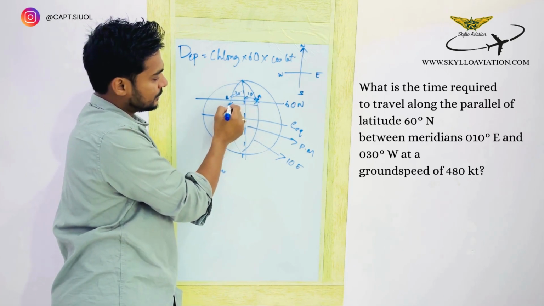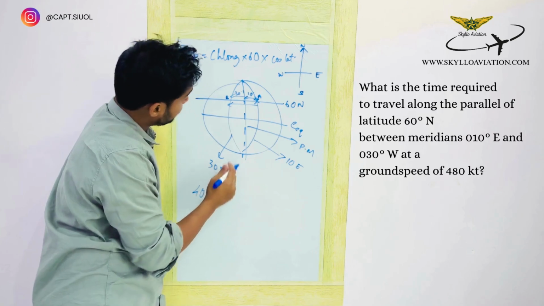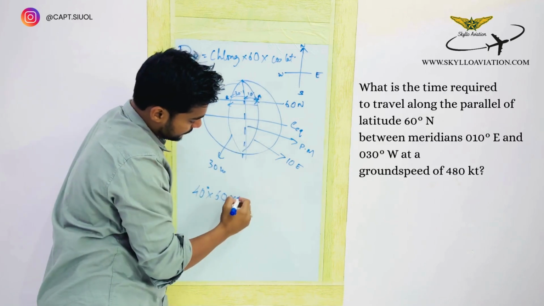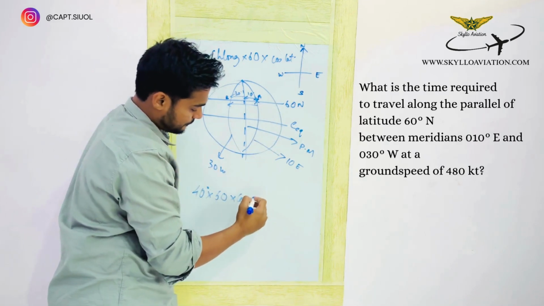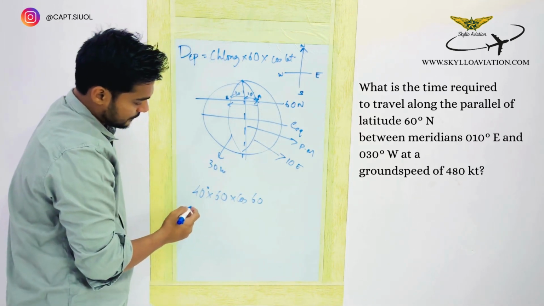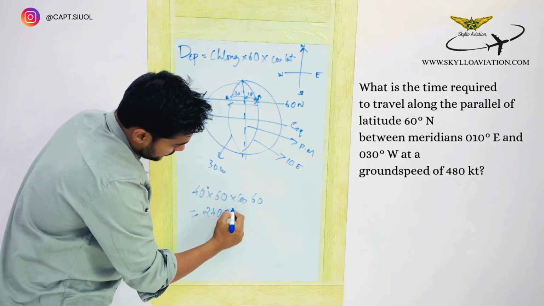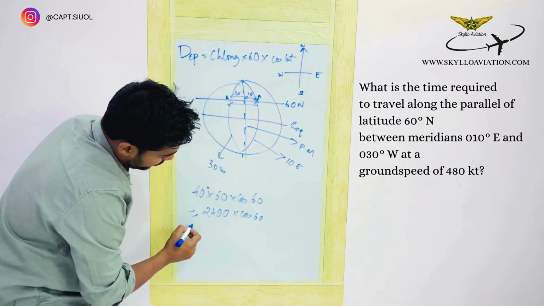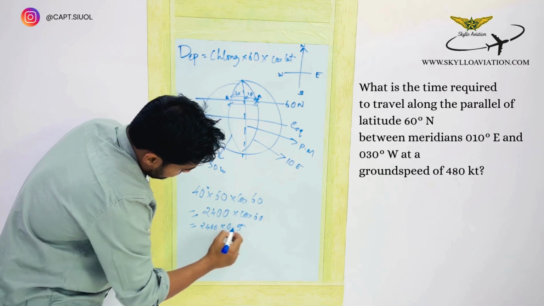So the total change of longitude will be 40 degrees, into 60 into cos of mean latitude, flying at cos 60. So 40 into 60 gives us 2400 nautical miles. 2400 into cos 60. Cos 60 is basically 0.5.